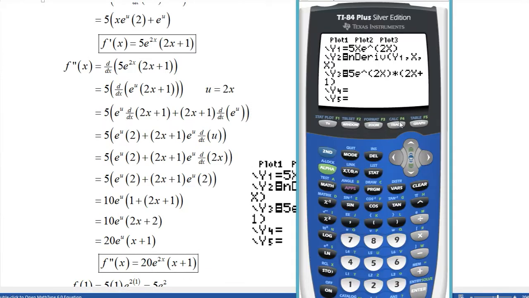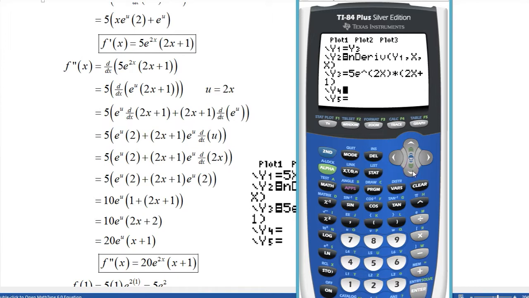While we're at it, let's check that one on our calculator. To check that one, we want to put our original, which is what's in Y3. Actually, let me save myself a little time here. Let's do it this way: let it be the same as Y3. And then I don't need to see that one.